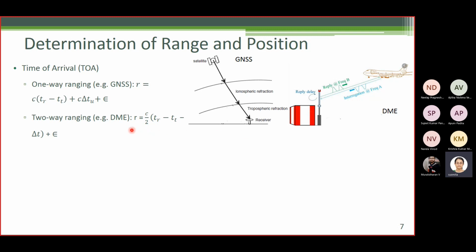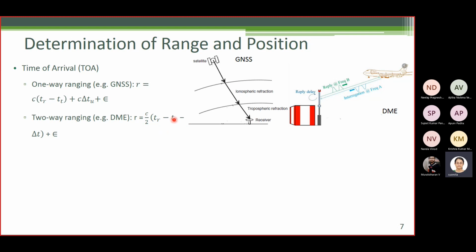And again there is an epsilon term to account for errors. Now see, in this case, although the aircraft has an inexpensive clock, we do not need to account for this additional term. Why? The same clock is used to report both the times, and we are subtracting them. And generally the aircraft, to receive signals from the base station, has to be within a few hundred kilometers.